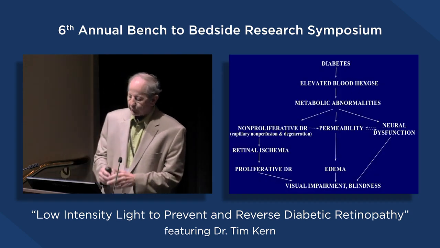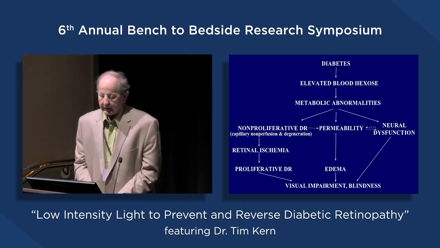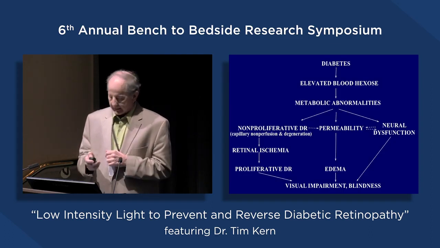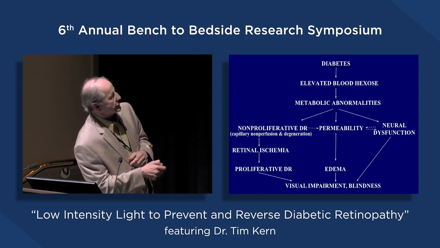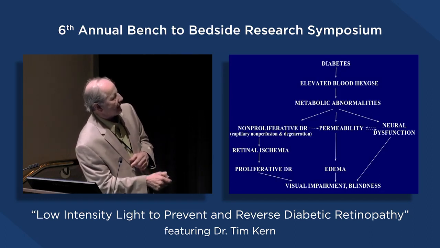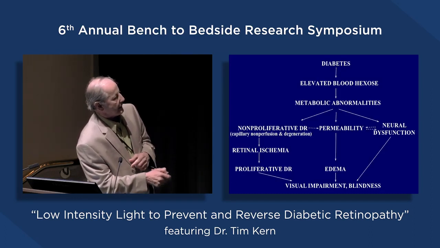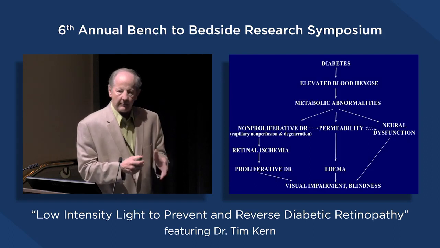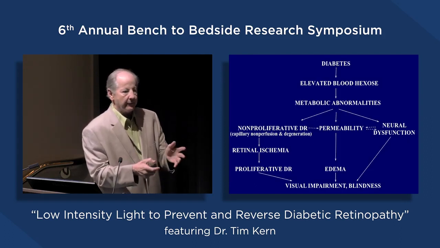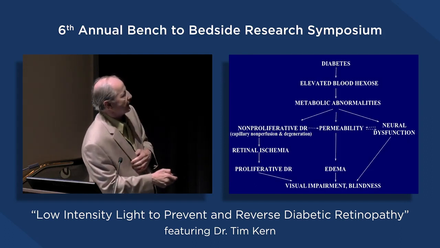This is our presumed schematic of what diabetic retinopathy is and how it develops. An alteration in blood sugar causes a variety of metabolic abnormalities, and these are not necessarily only in the retina. We have pretty clear evidence that white blood cells participate in the development of the vascular lesions of diabetic retinopathy.